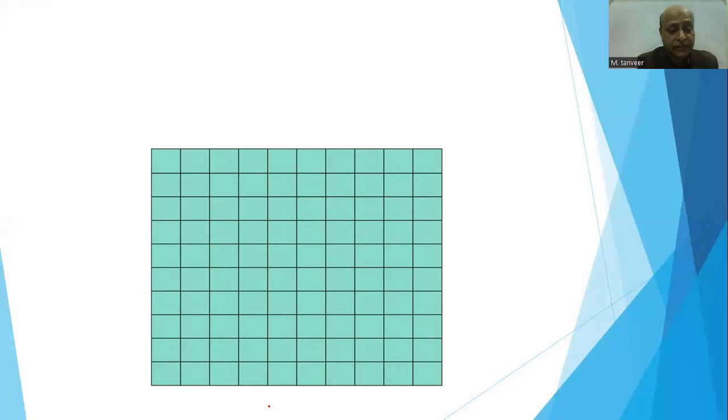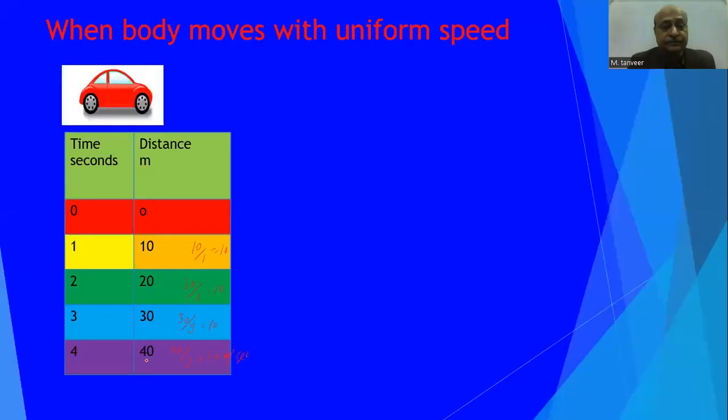We will take time on x-axis. We will take distance on y-axis. Time is 0, 1 second, 2 second, 3, 4, 5, 6. And distance traveled was 10, 20, 30, 40.